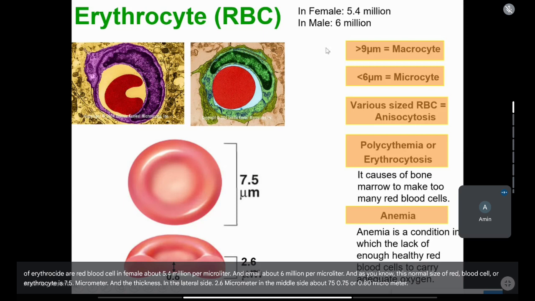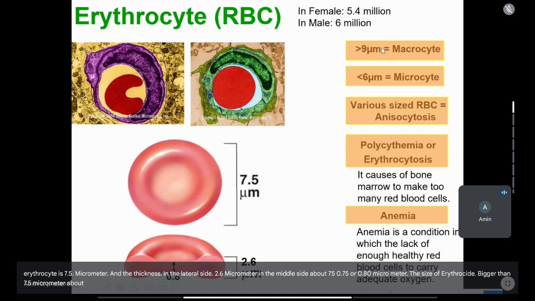If the size of an erythrocyte is bigger than 7.5 micrometer, about 9 micrometer, this erythrocyte is called a macrocyte.